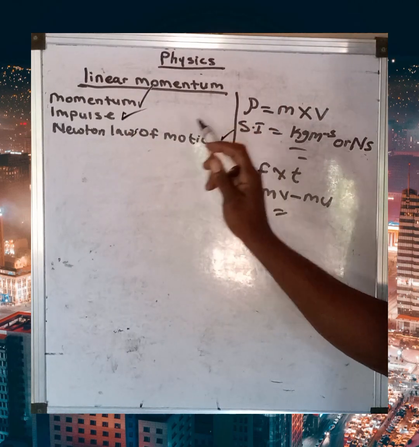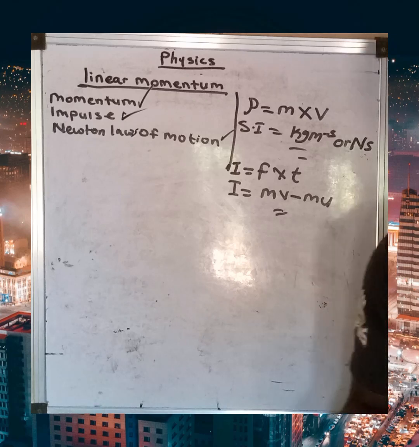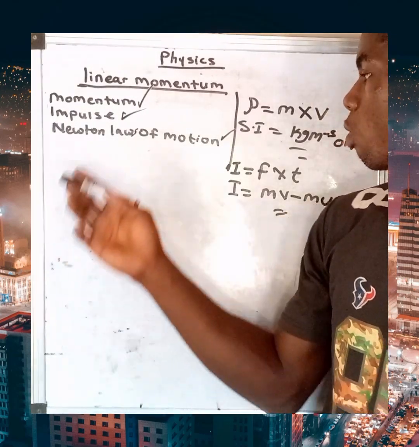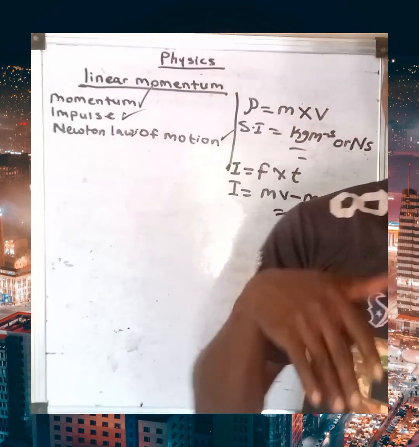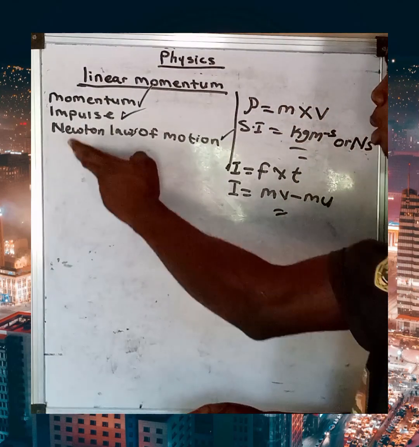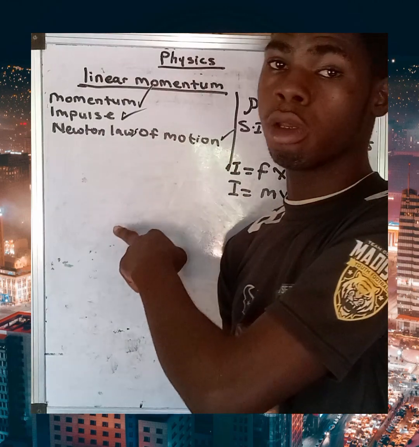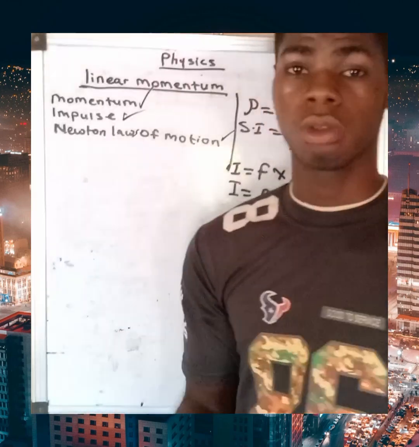So, remaining this, Newton's laws of motion. Newton is a great scientist who did a lot of work on classical physics. He was the one that came up with these laws of motion. He came up with three laws guiding motion, which I'm going to state now.